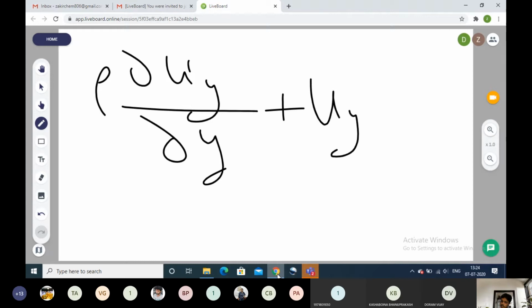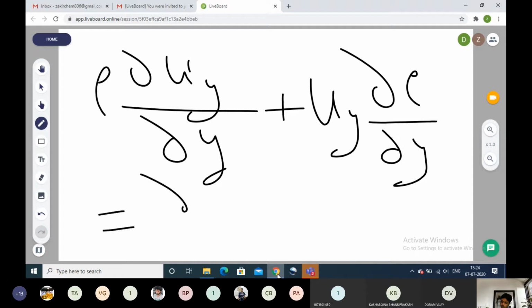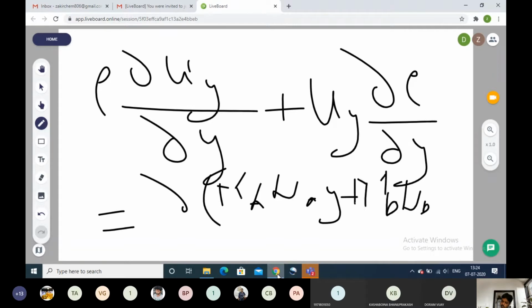Then we will differentiate density, dou rho by dou y, which is equal to dou of MA NAy plus MB NBy divided by dou y. With respect to y we have to differentiate.